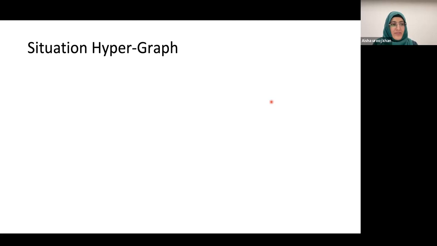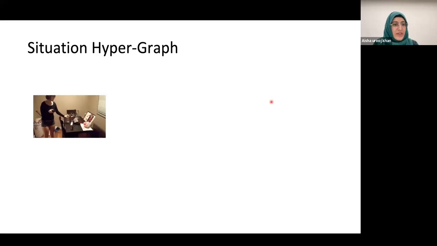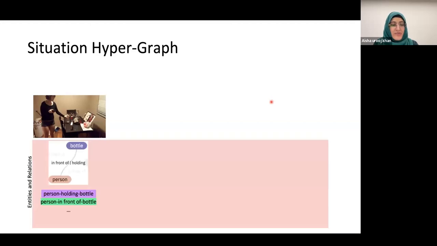A situation hypergraph is a concept very similar to what I have shown in the previous slide. We are given a video, and in the first frame, we have some situation, and that situation is between a person and some objects. A person has many objects in front of her, and with each object, she will have some relation, which represents a situation.